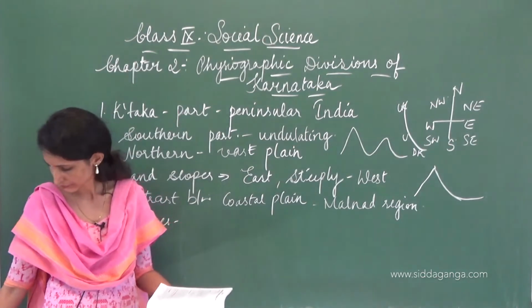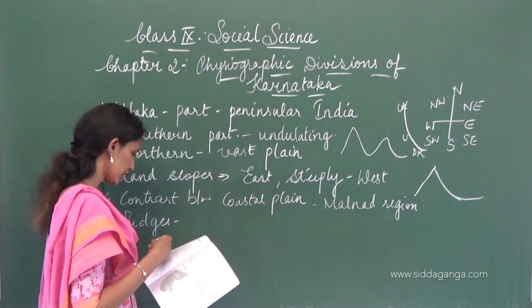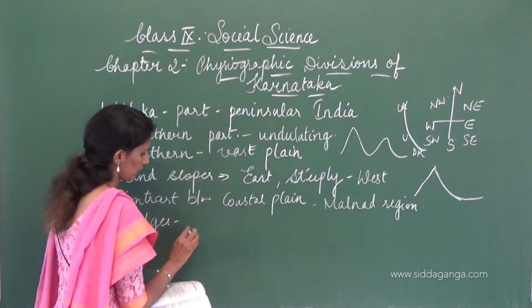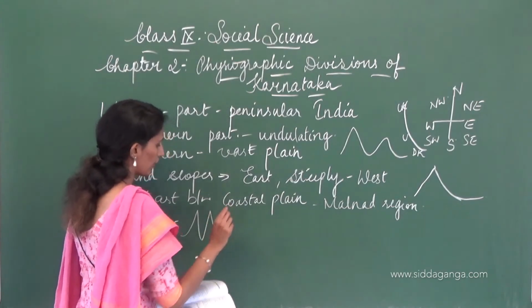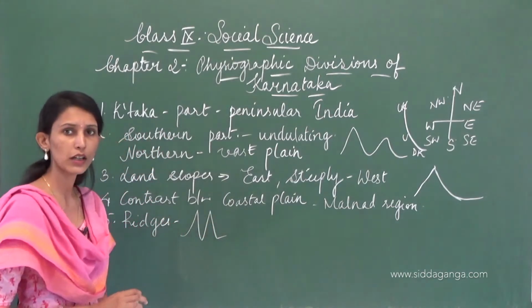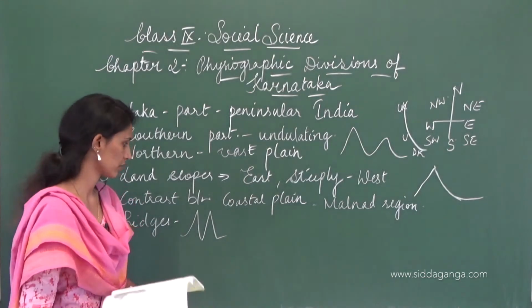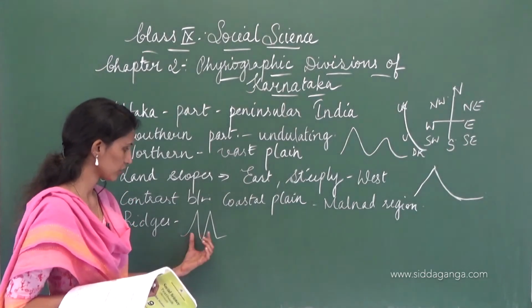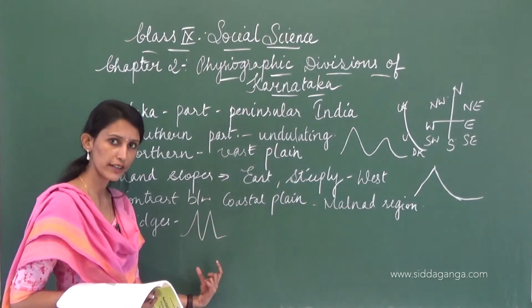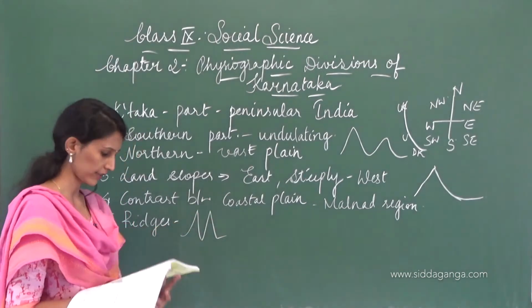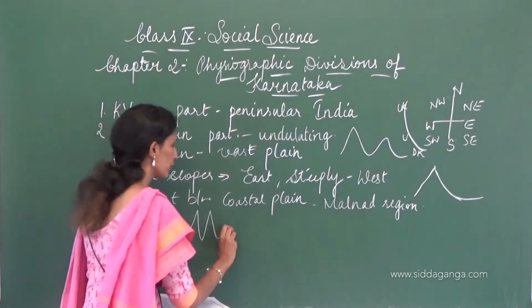Ridges meaning, a long narrow hilltop. It's narrow, it's not wide. Long, elongated hilltops are called ridges, and they are present with what? With valleys.